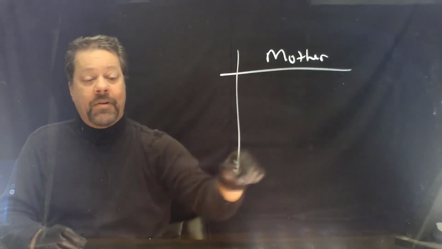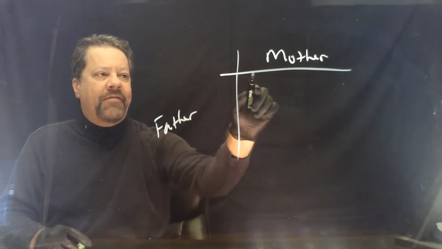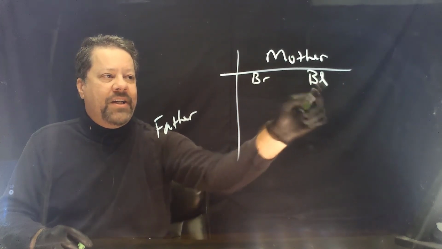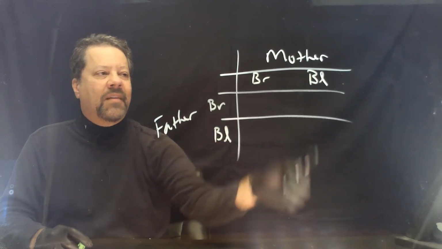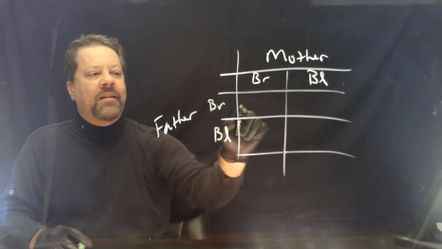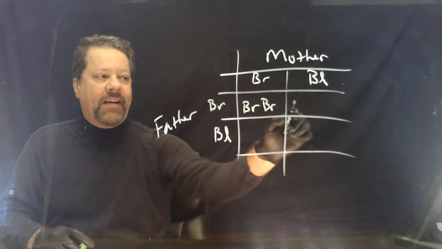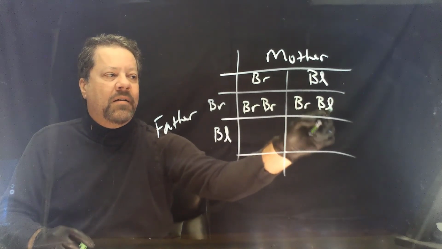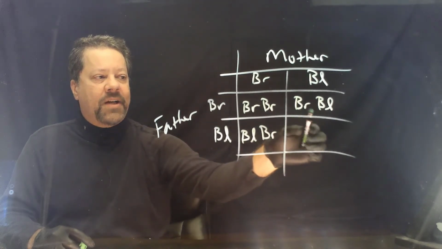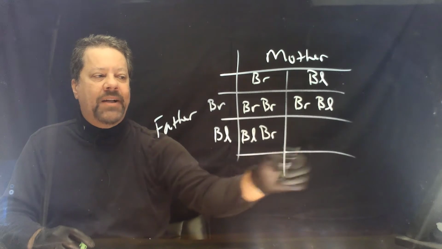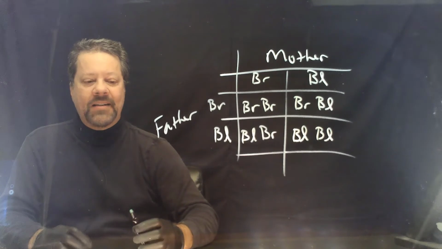Suppose, as for another example, that father and mother both have a brown-eyed gene, so they both have brown eyes. You can see then that if they both pass on the brown-eyed gene, the child will clearly have brown eyes. We can have two situations where the child has a brown-eyed gene and a blue-eyed gene, and one situation where the child has blue eyes.